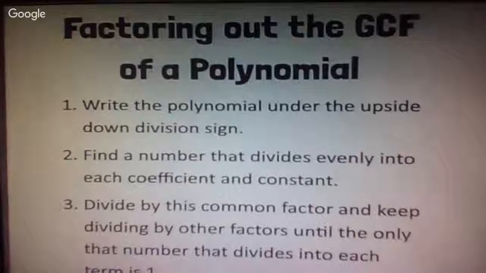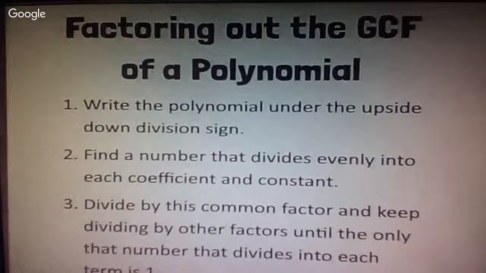Okay, so here are all of your steps. Write down a polynomial under the upside down division sign. Find a number that divides evenly into each coefficient and constant. Divide by this common factor and keep dividing by other factors until the only number you can divide in is 1.